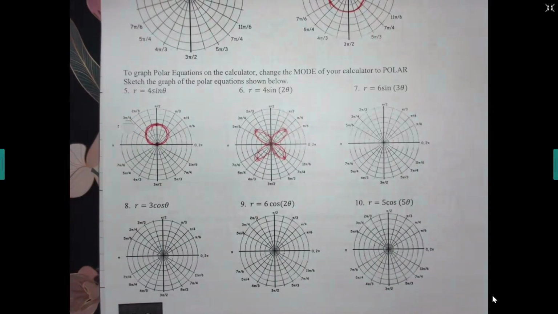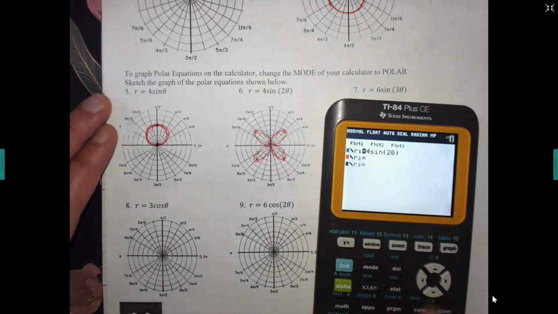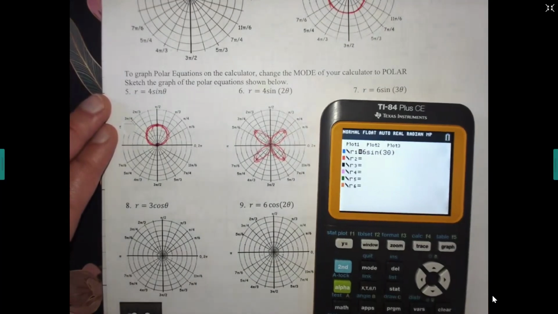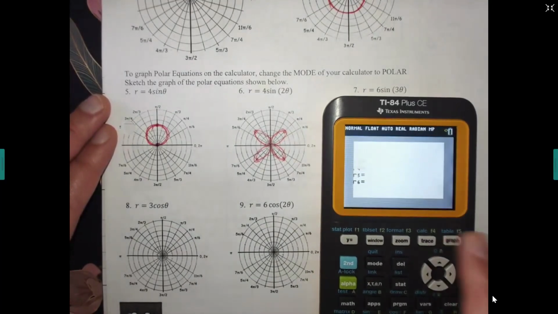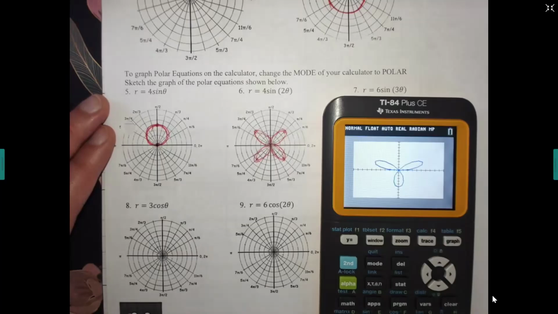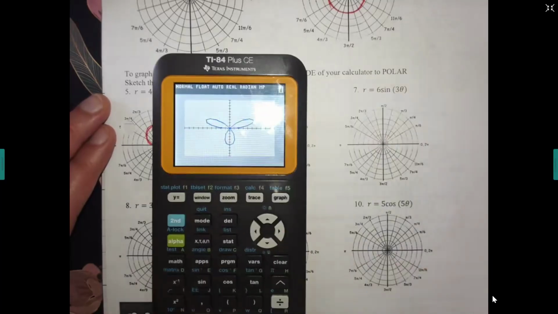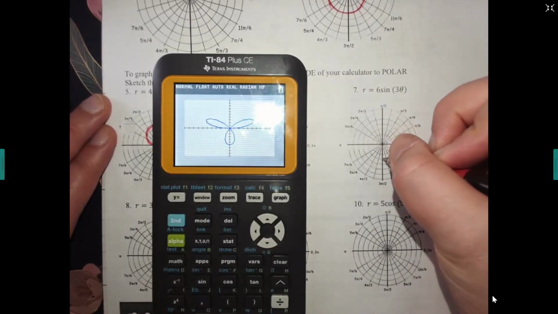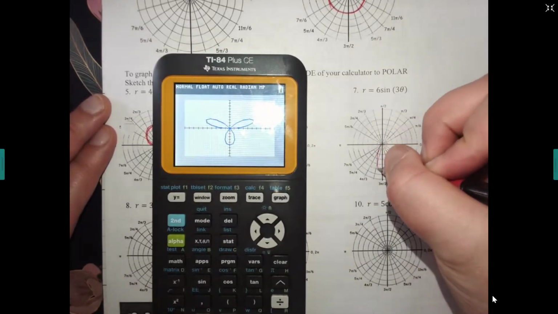How long are we expecting the petals to be for the next question? 6 should be how long the petals are. So when you graph it, you should see petals that are 6 in length. So 6 sine 3x. Okay, you'll notice that this one has 3 petals. So you're going to count down 6 for the first one. 1, 2, 3, 4, 5, 6.